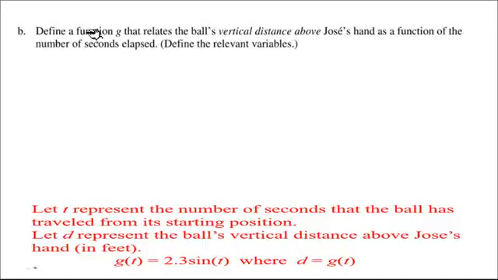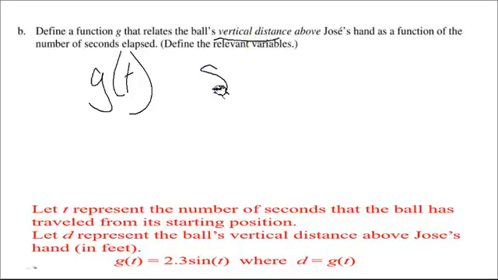Okay, so now if we're asked, as we are in part B, to define a function g that relates vertical distance as a function of the number of seconds elapsed, that's time, well then, since our unit is 1 radian per 1 second, or we could think of time in seconds and theta in radians as interchangeable, we can define a function that relates vertical distance.